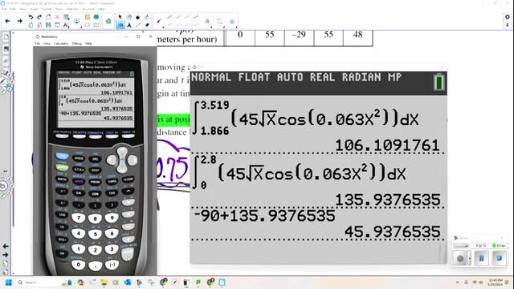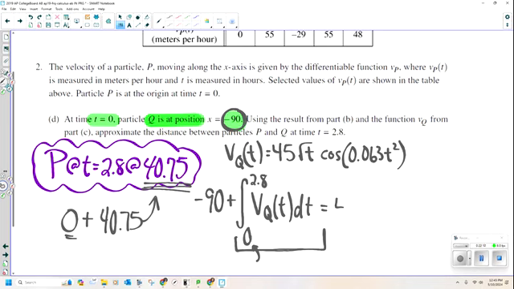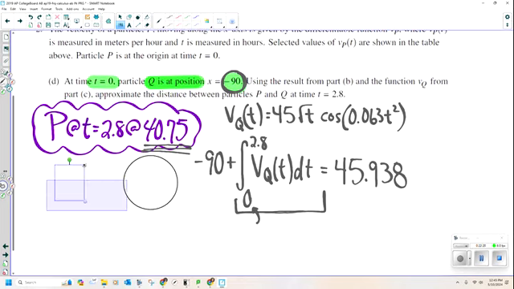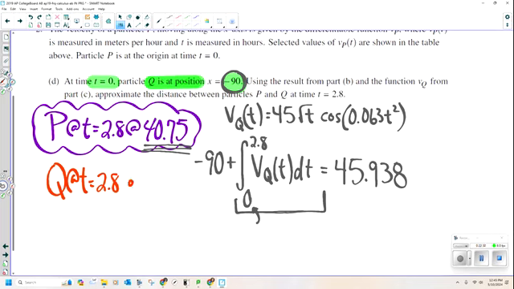We're at 45.938. So now particle Q at time equals 2.8 is at 45.938. We haven't answered the question yet.